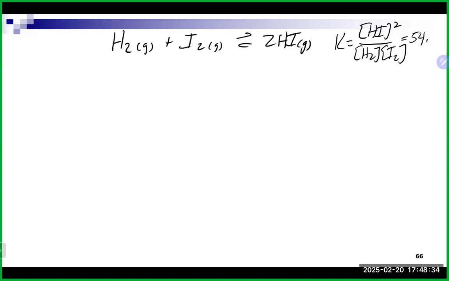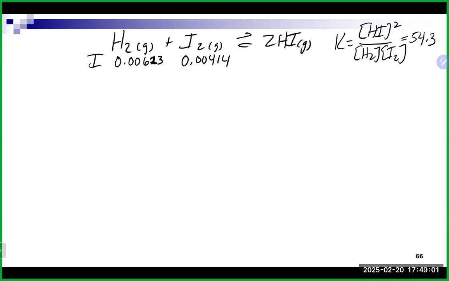And what do we got there? 54.3, I think, was the constant. So initially here, we are going to put in our values. So for H2, we had 0.00623. For our I2, 0.00414. And for our HI, in this case, we actually do have a value, right?